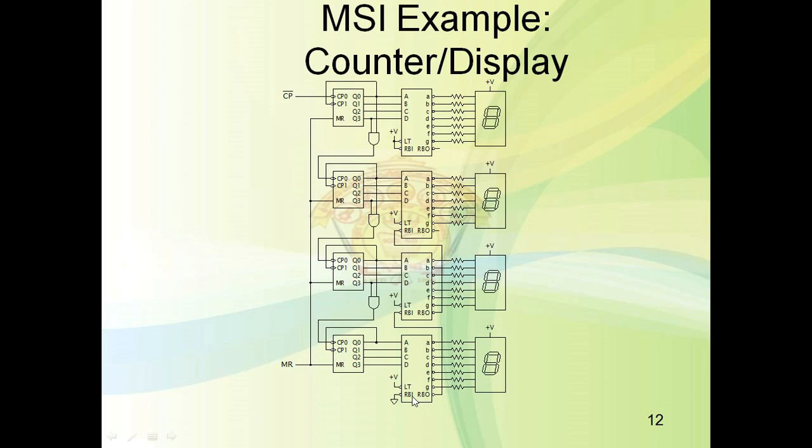At that time it will also generate RBO equal to 0, and this is applied to the next. As it is low, when there is no BCD input, all the inputs are 0, at that time this will be deactivated, and it will generate low output.